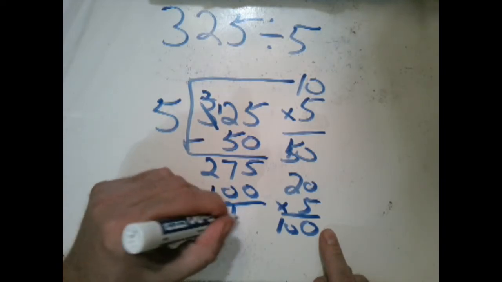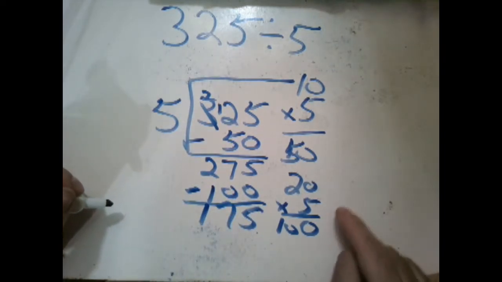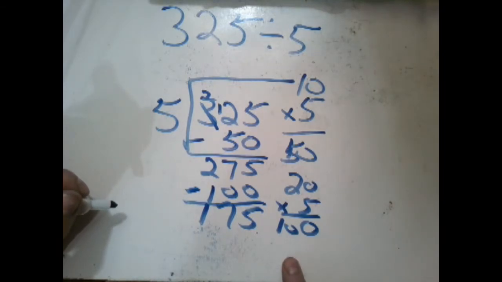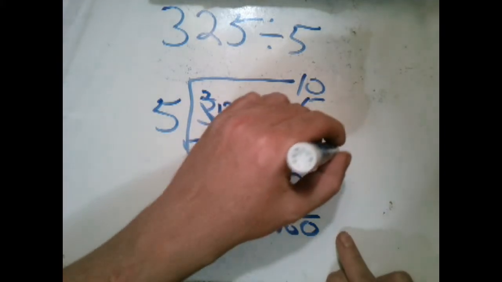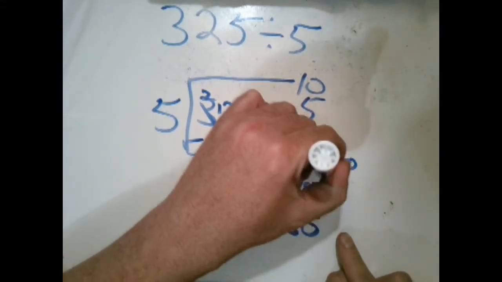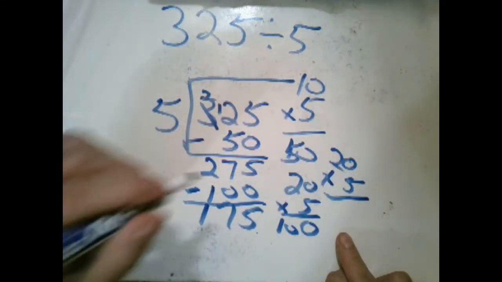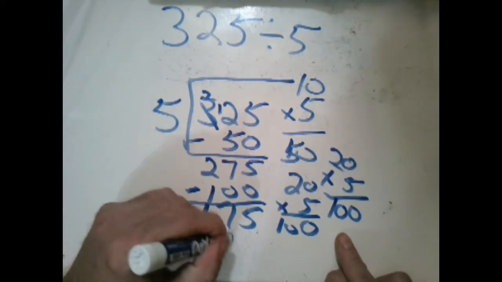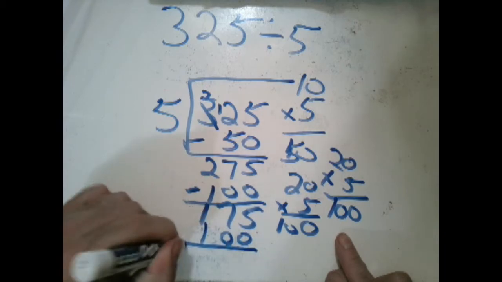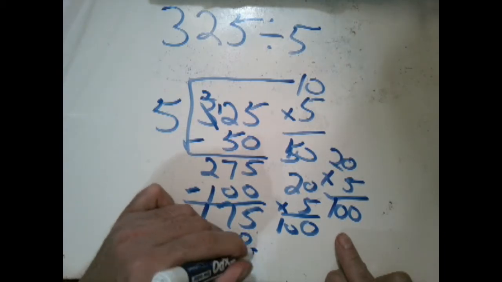Gives me 175. Let's do it again. But we have to write it again, because we're going to do it again. We can't just use the same answer again. So we have to say 20 times 5 gives me 100. 75.